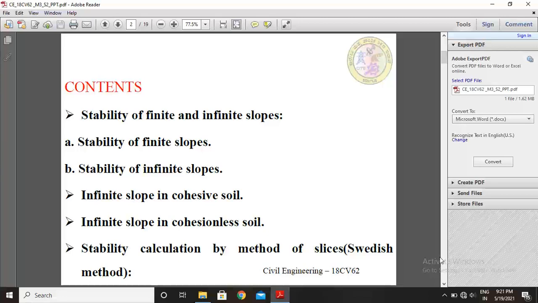In that, stability of finite slopes, stability of infinite slopes, infinite slope in cohesive soil, infinite slope in cohesionless soil. Stability calculations by method of slices, that is called the Swedish method. These contents are required today.